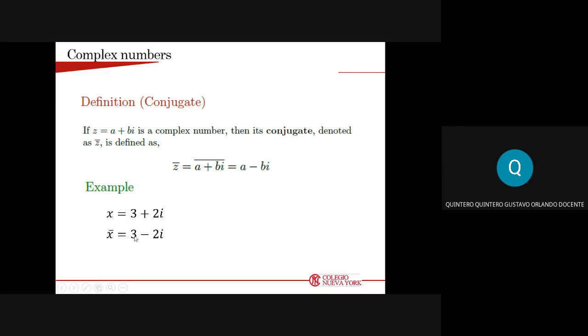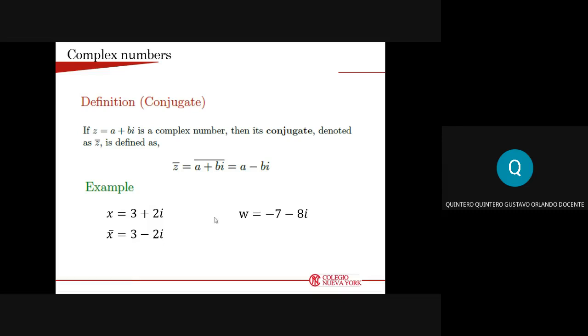The 3 goes down. The 2 goes down as well. The i goes down as well. The only thing that changed was the operation inside. So the real part remains the same, but the imaginary part changed from 2 to negative 2. All right? The imaginary part is what changes with the conjugate.